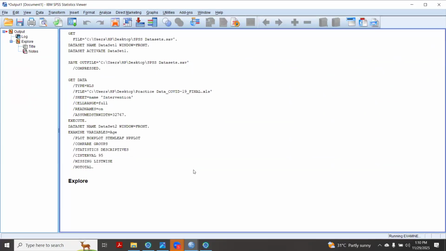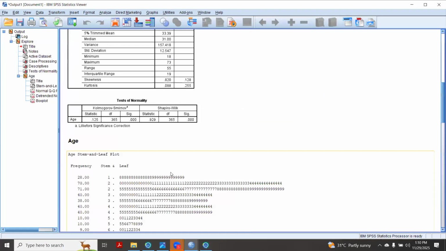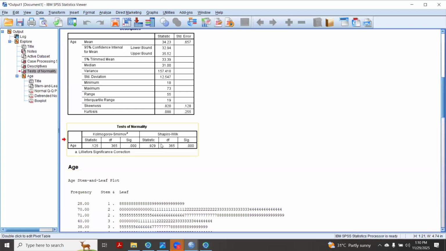It's going to generate the plot, but the most important part is this test for normality and the p-value. Like I mentioned yesterday, when you have a p-value that is statistically significant, like in this case, our p-value is 0.000, it is statistically significant. The interpretation is age significantly deviates from normality.